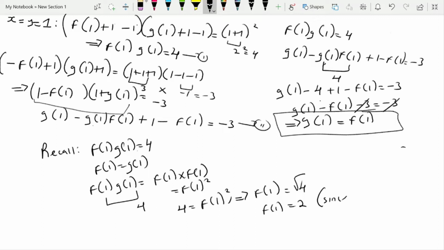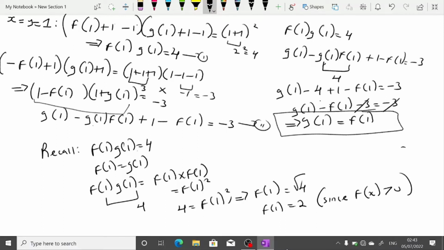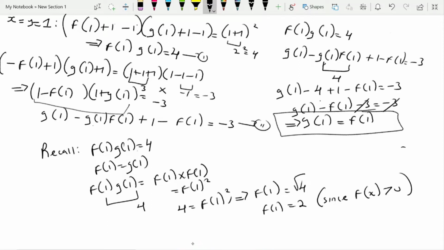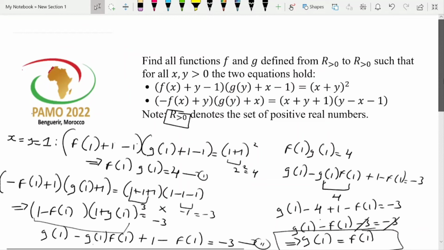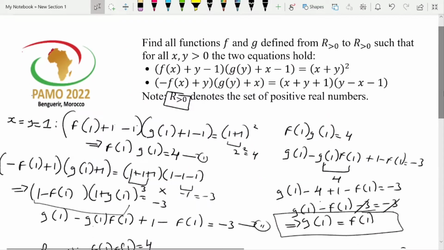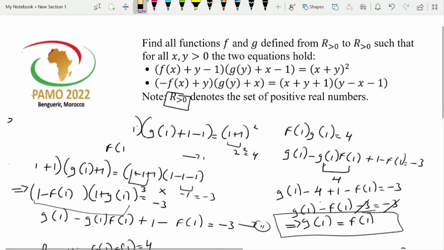Since f is from positive reals to positive reals, f(1) is equal to 2. And this means that g(1) also equals 2. So let's clean up now, go up and use this new information.